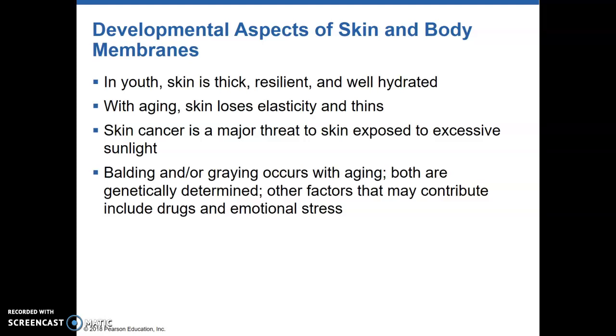If you have family that had early balding or early graying, you probably have a decrease in activity earlier than others of your hair follicles or your melanocytes. But drugs and emotional stress can also impact the activity of those melanocytes and also how well the hair is going to regenerate within the hair follicle.